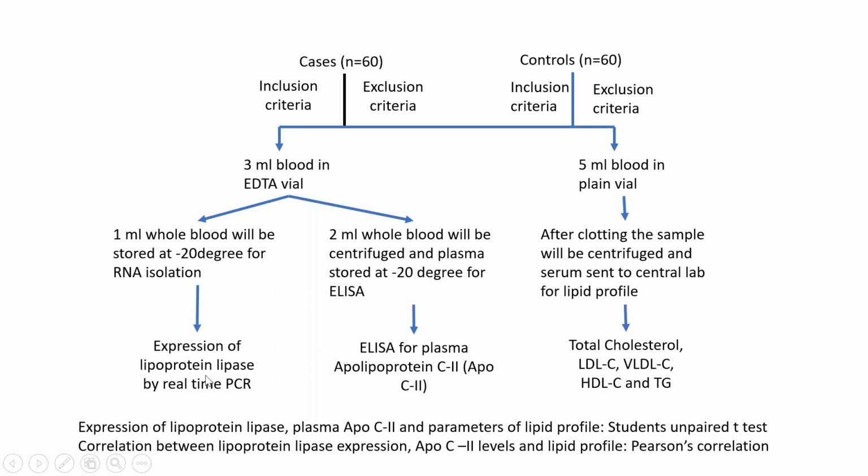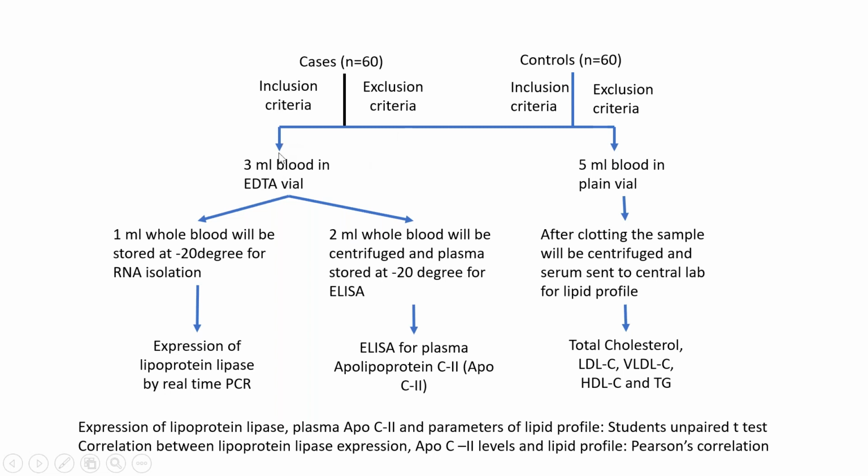So I want to see the expression of lipoprotein lipase and the level of this protein. This is a protein, so I will do an ELISA for it, and what happens to the total cholesterol, LDL cholesterol, VLDL cholesterol. So this is how I'll go about it. I'll define cases and controls in diabetes, and those not suffering from diabetes, and I'll write the inclusion and exclusion criteria.